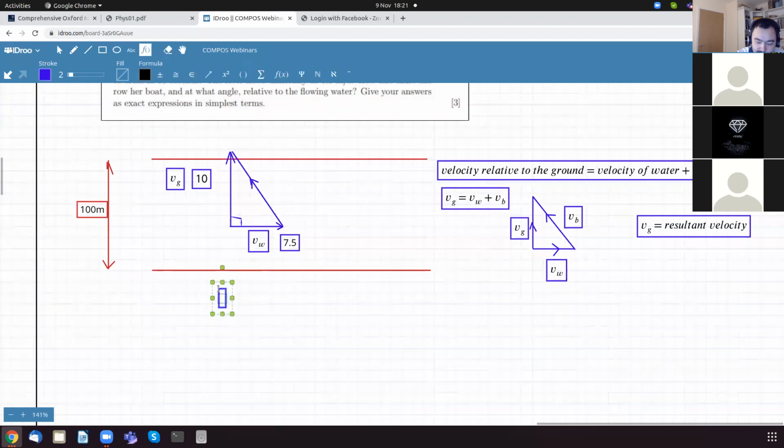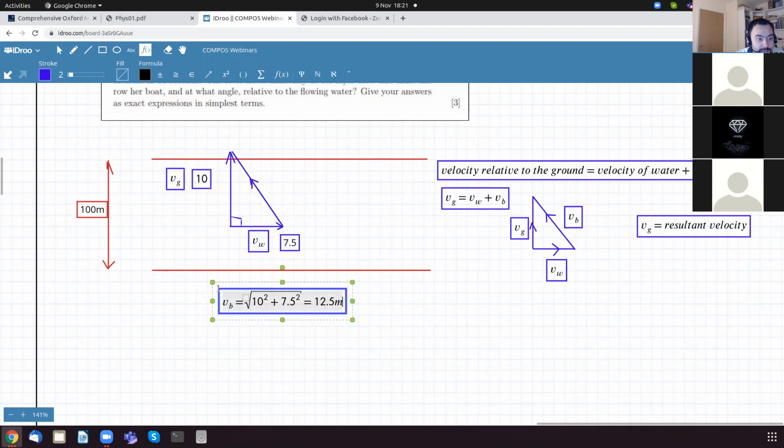So the boat's own velocity, this is how fast she needs to row. It's the square root of 10 squared plus 7.5 squared, which conveniently is 12.5 meters per second.